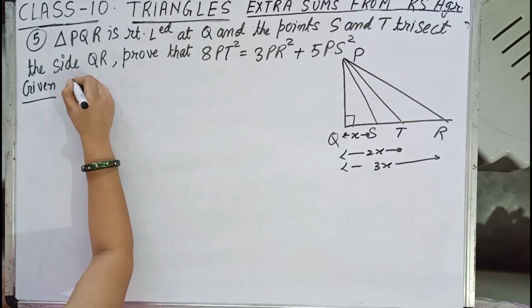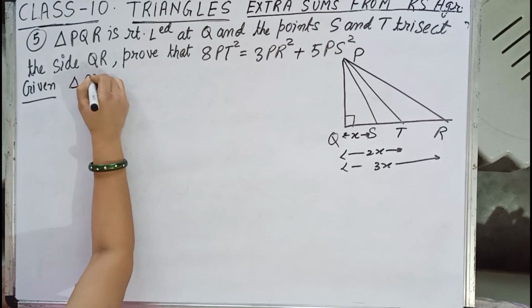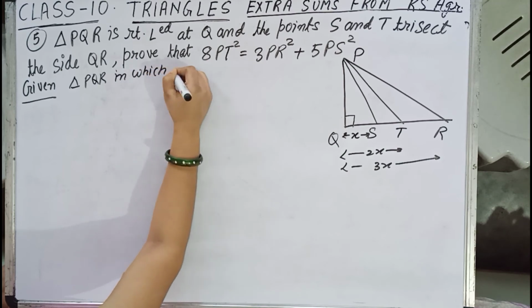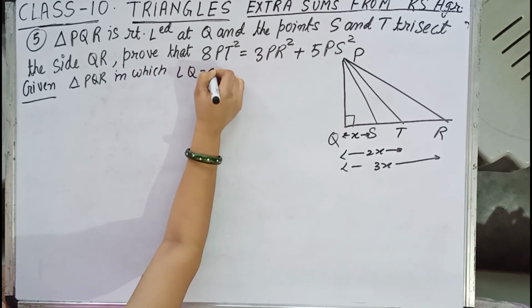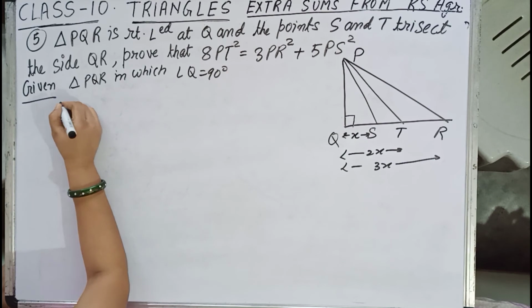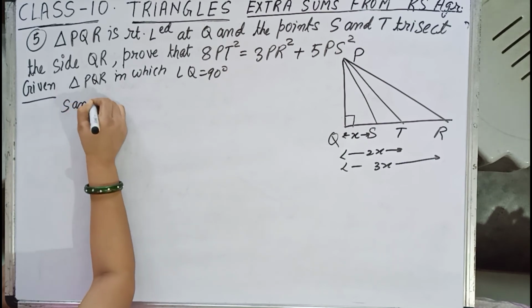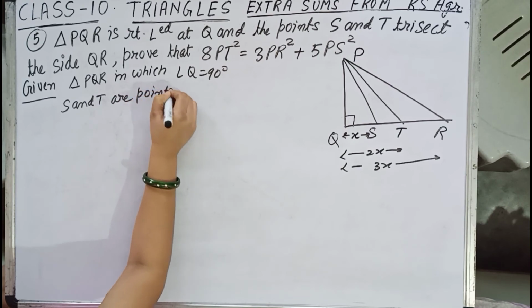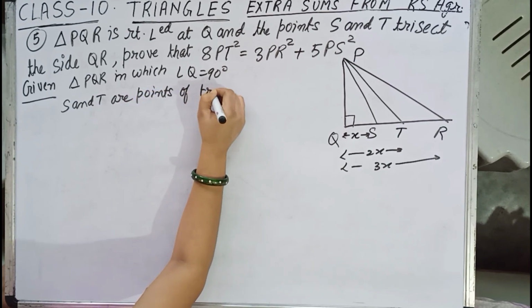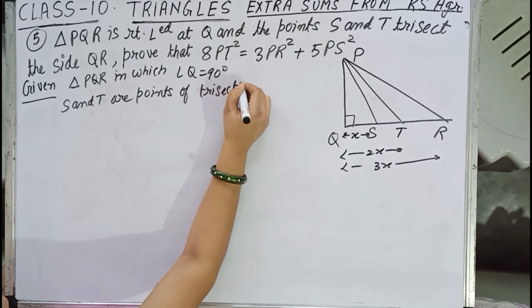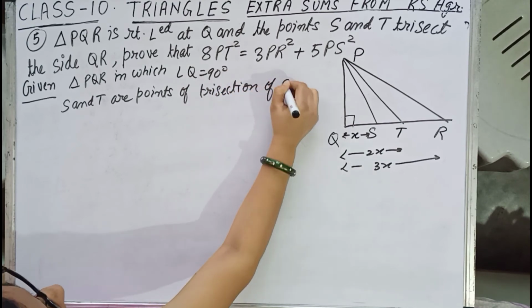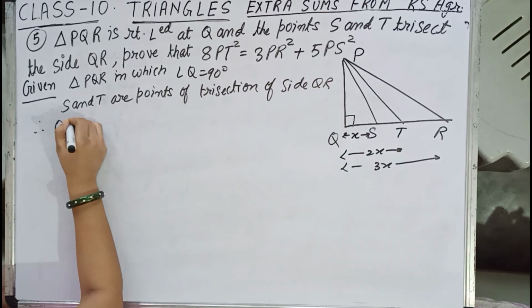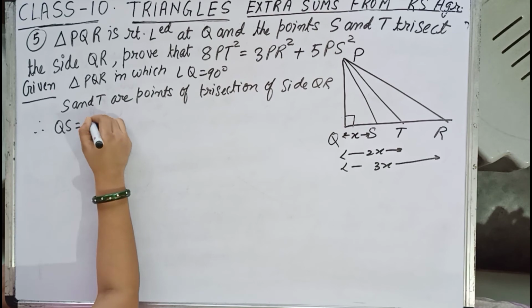So given triangle PQR in which angle Q equals 90 degrees, and S and T are points of trisection of side QR.